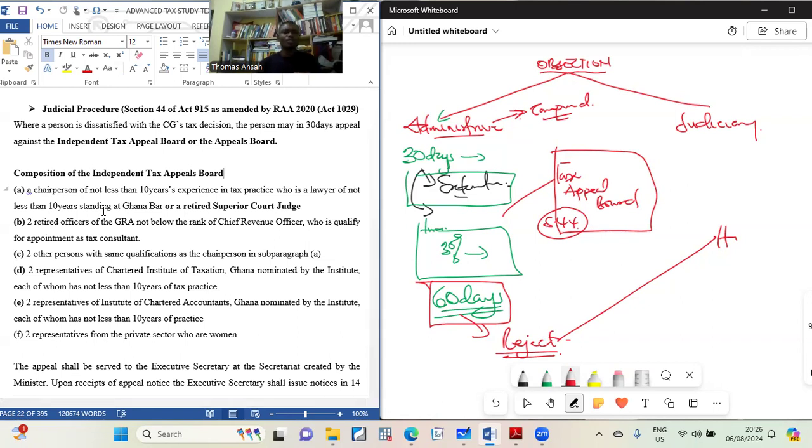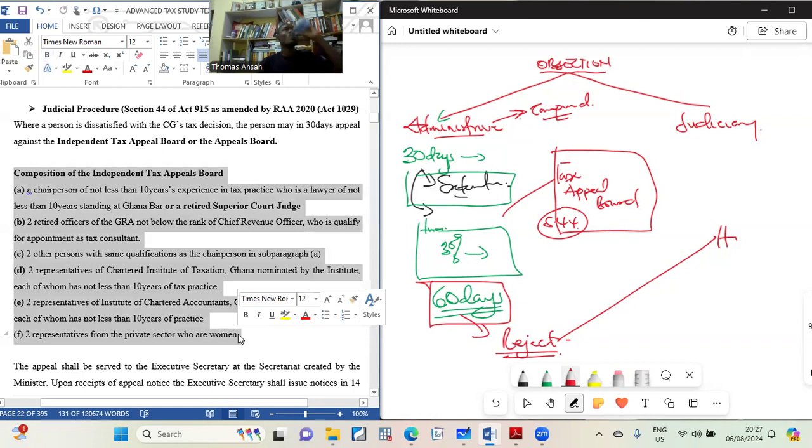But look at the composition of that board. We have the chairperson who has not less than 10 years of experience in tax practice, who is a lawyer.